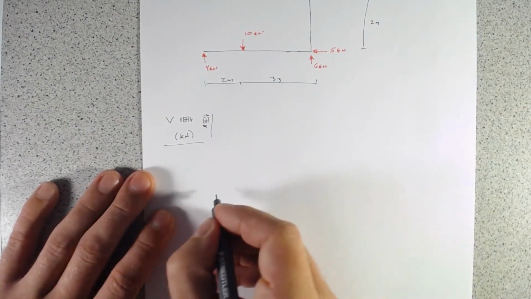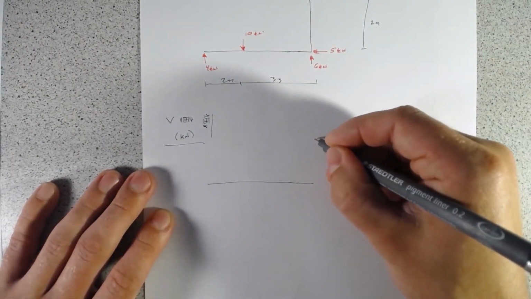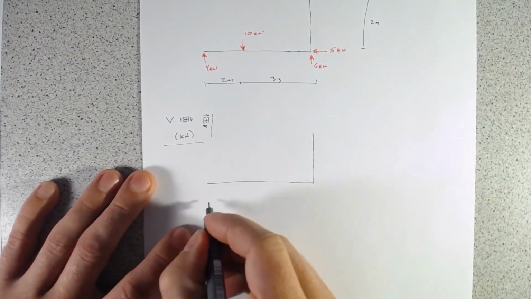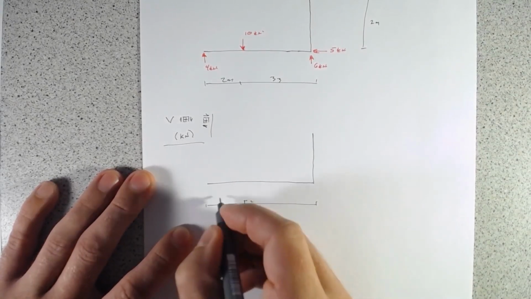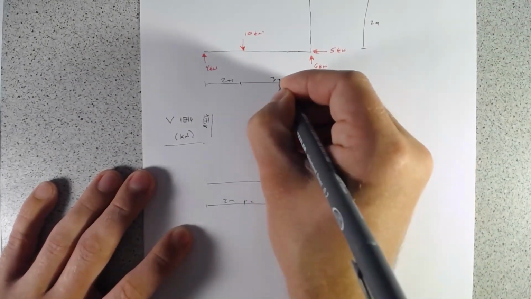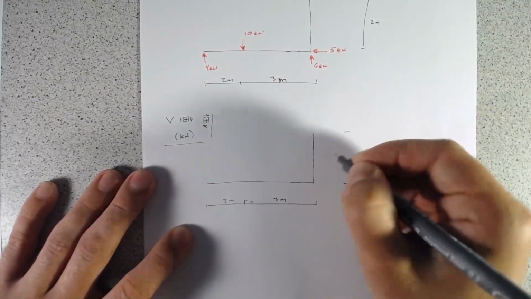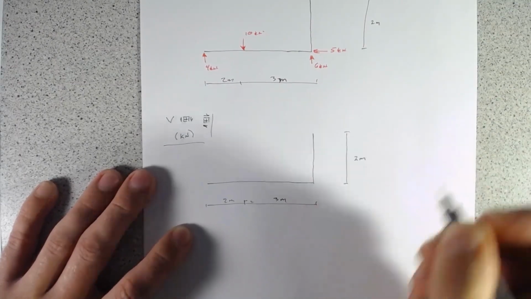So our shear force diagram, we'll draw it here, and we'll put some quick dimensions on here for this. Do 2 meters, 3 meters. Let me fix that meter sign up there, and 2 meters.